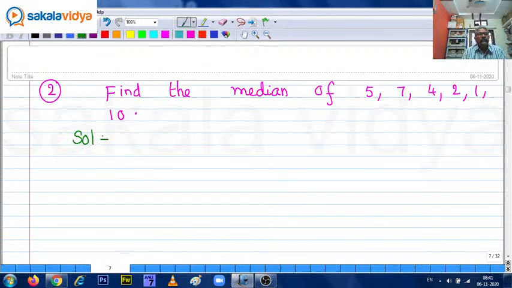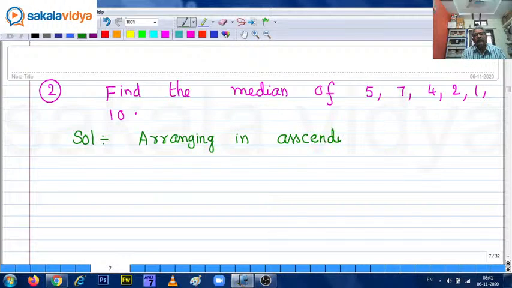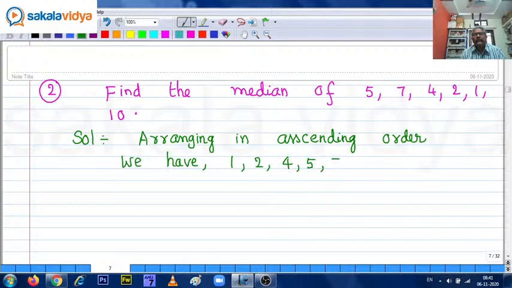Solution. Arranging in ascending order or descending order, no problem. So we have 1, 2, 4, 5, 7, 10. Now 1, 2, 3, 4, 5, 6.